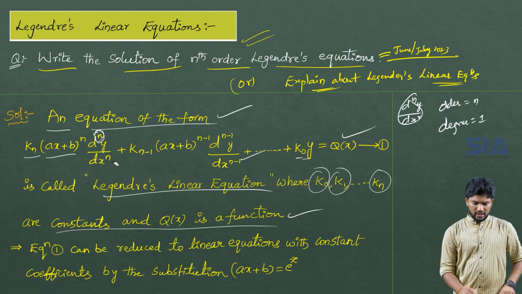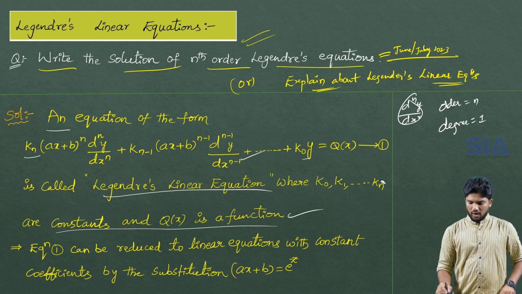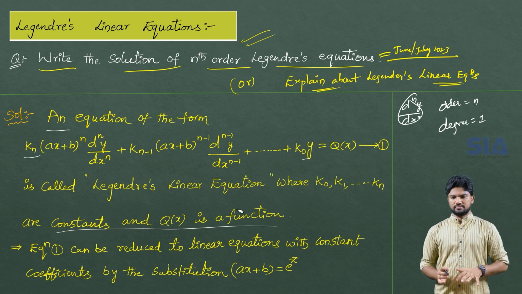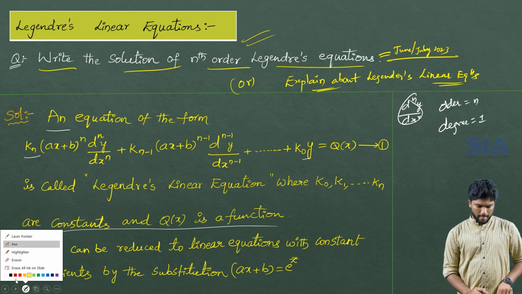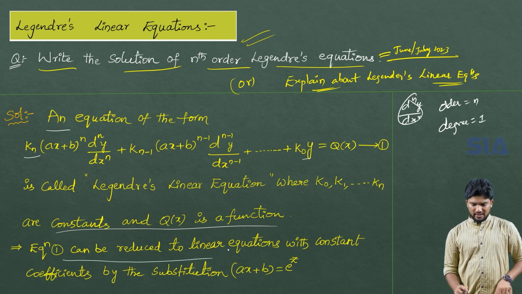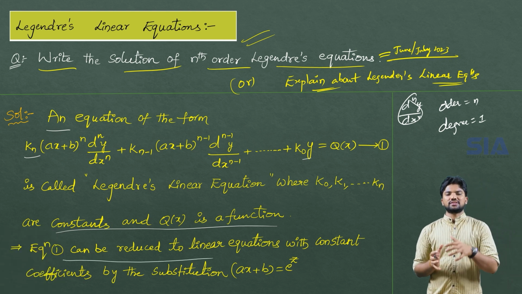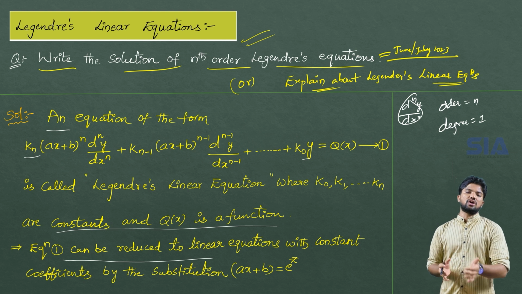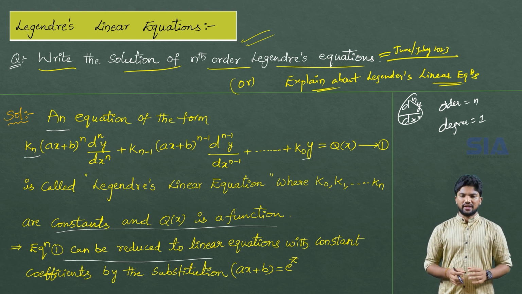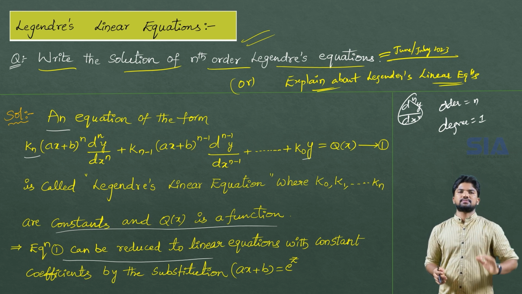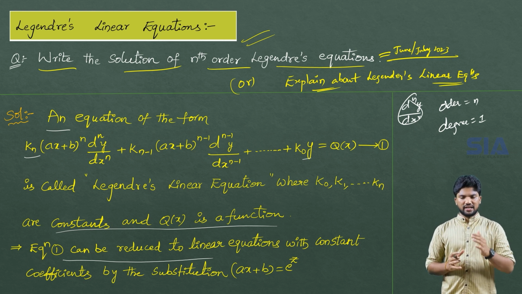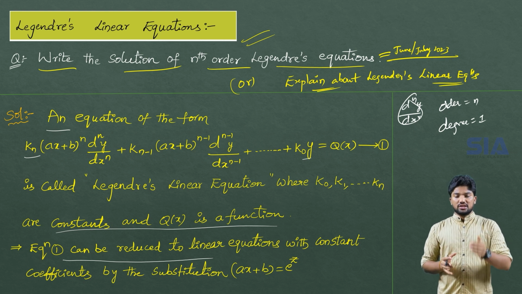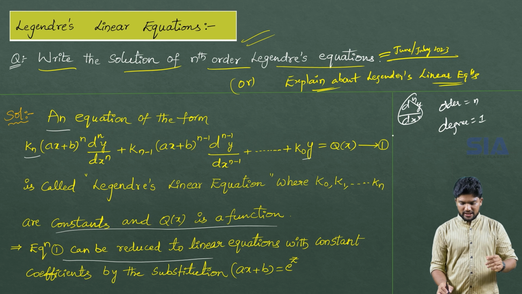So now, how can we solve this equation? That is what we are going to discuss now. Equation number 1 can be reduced to linear equations with constant coefficients. Okay, so directly we cannot solve this problem, Amma. By applying some suitable function, that is the method of substitution, you have to convert this equation number 1.